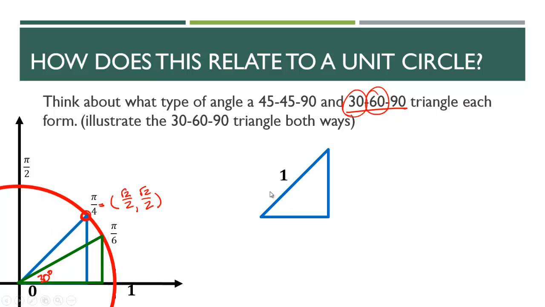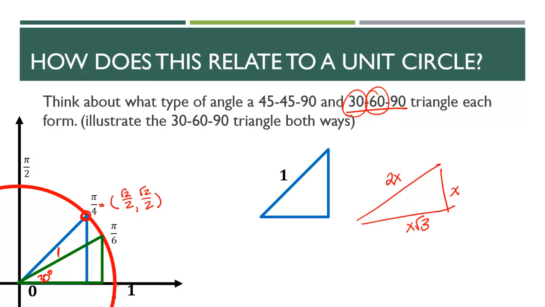Oh, let's back up a little bit. Remember our 30, 60, 90, so we've got one that looks like this, and this was 2x, this was x, and this was x root 3. So what would x have to be in order for this to equal 1? Because again, our radius is 1.